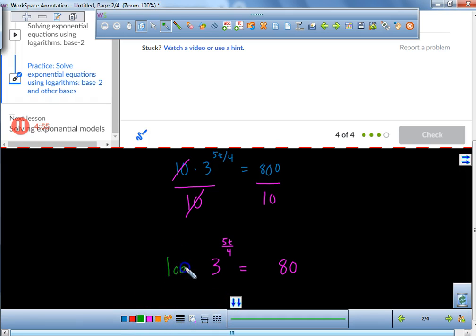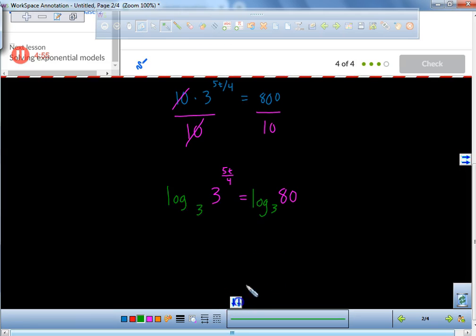Log, not just the log, but log base 3. These have to be the same base. I'm going to apply log base 3 right here. These end up canceling out, and what am I able to drop down? The 5t over 4, which is equal to log base 3 of 80.